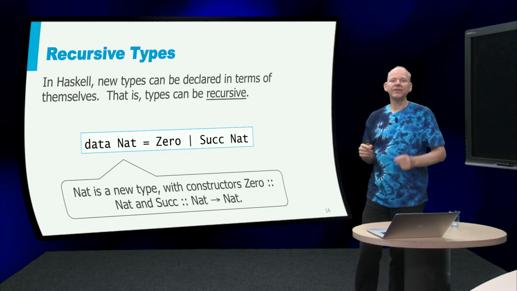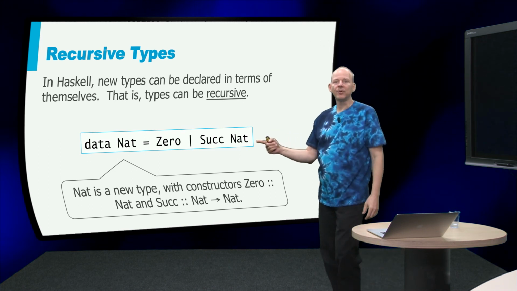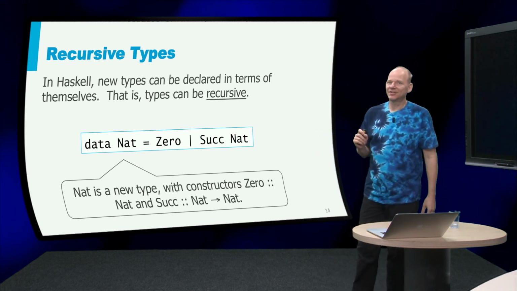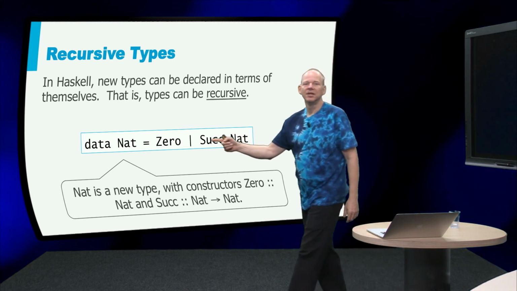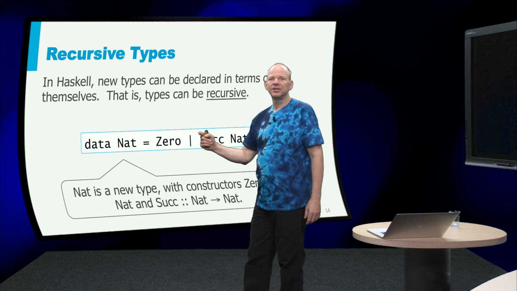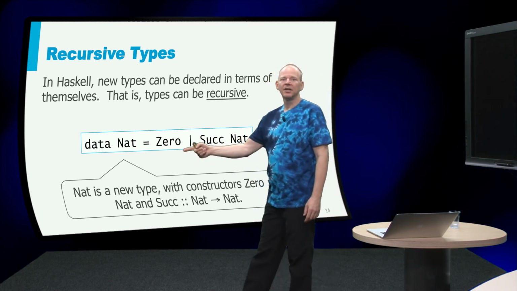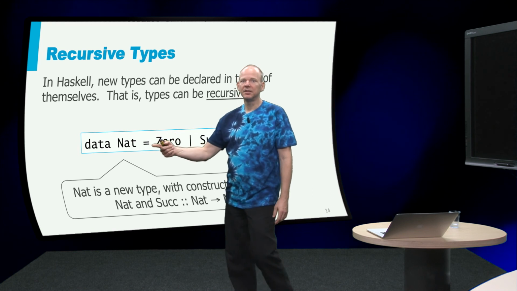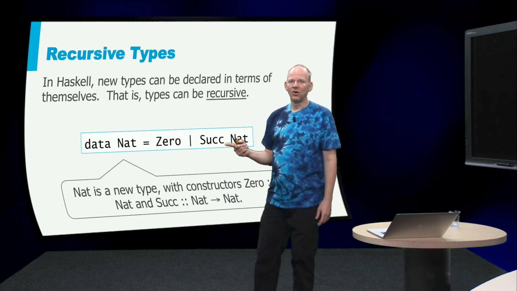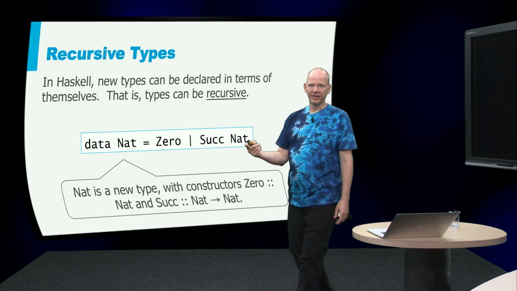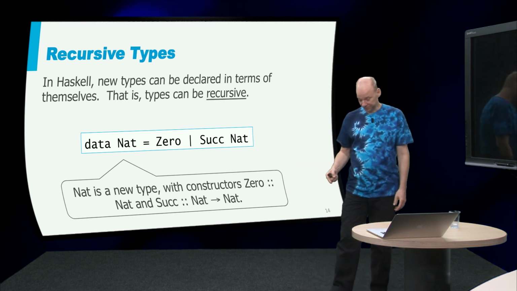But if we represent integers in this way, we can write nice recursive functions on these two cases. It's either 0 or the successor of a natural number.